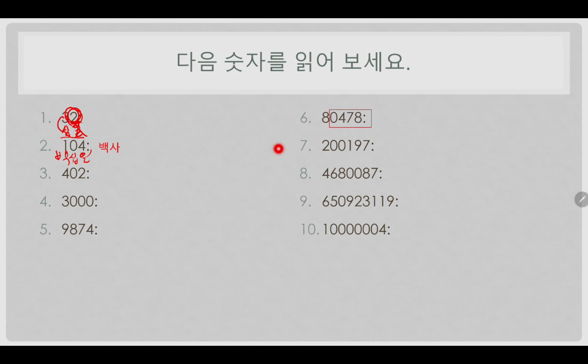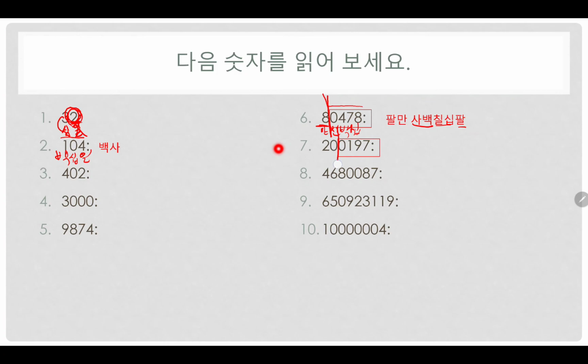For 80,478, you would draw an imaginary line after 4 digits. Then this becomes 8만. There's no thousand, so no 천. There are 400, so 400, 78.